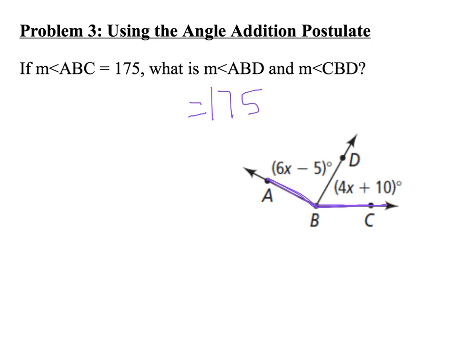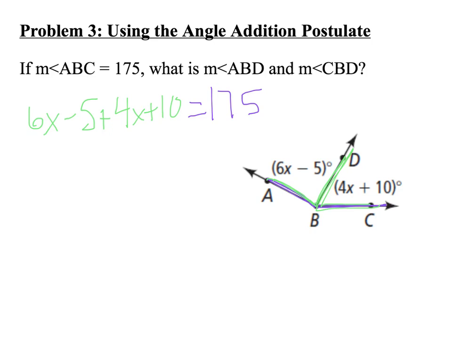And it says that angle ABD, this angle, is 6x minus 5, and CBD is 4x plus 10. Those are my 2 small. So I can write in my small 6x minus 5 plus 4x plus 10 is equal to 175. Because that's my small, small, big.